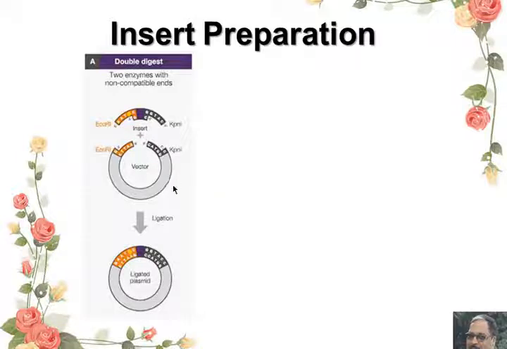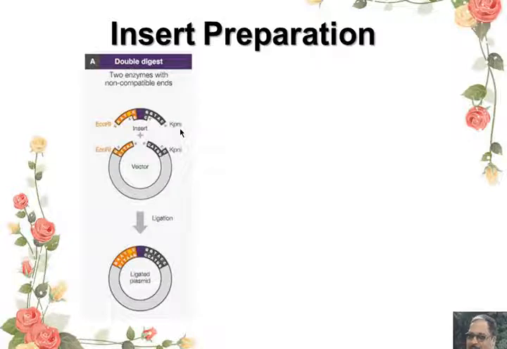So here you see, this end of the vector is digested with EcoRI, and this end of the insert also is digested by EcoRI. Now here the other end, we are using a different restriction endonuclease enzyme.